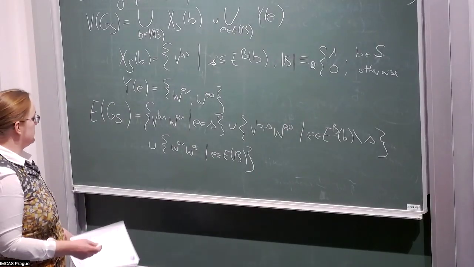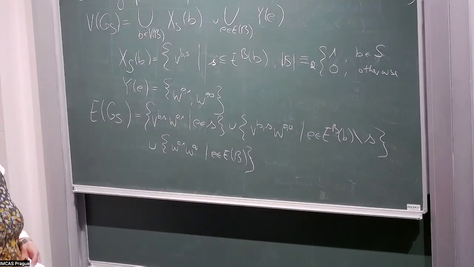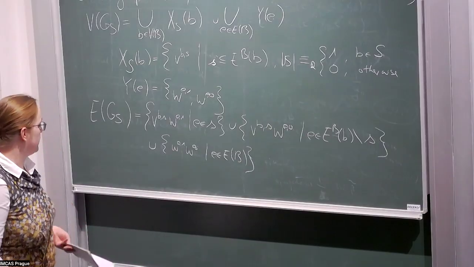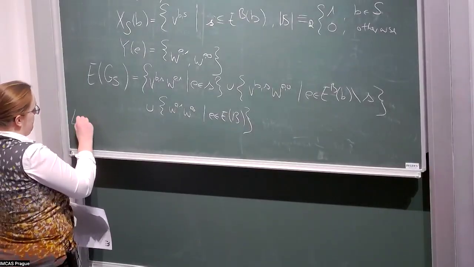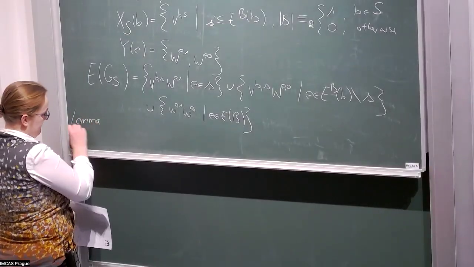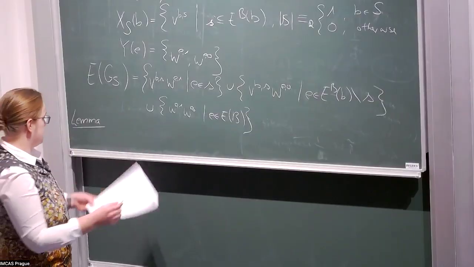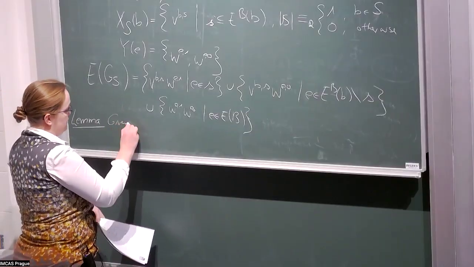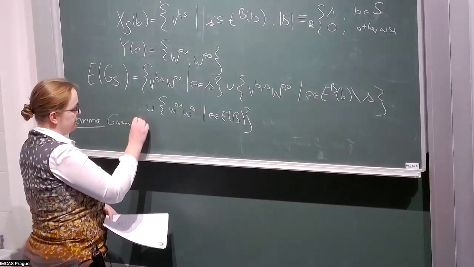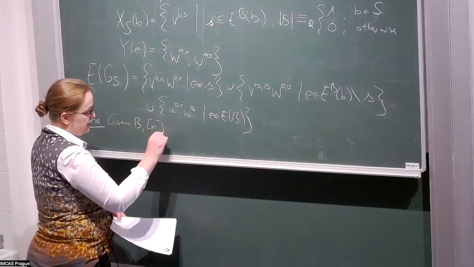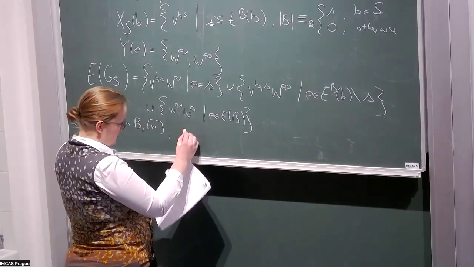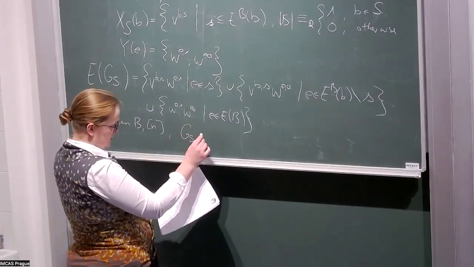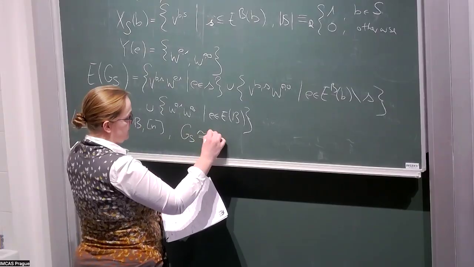What does this now do? I mean, I told you a construction for one graph. The goal was to find two non-isomorphic graphs. So we have a lemma. And this lemma says that if we are fixing the base graph B and the number of vertices n, then we have that GS is isomorphic to GT.